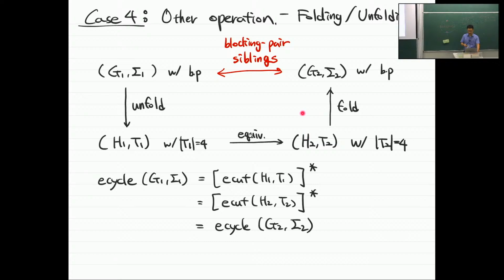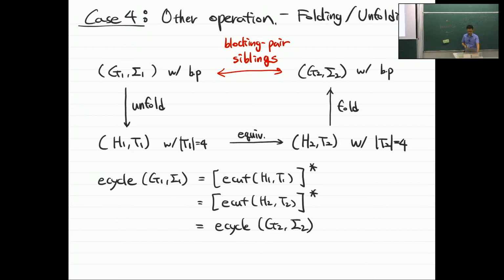Then we fold again to get G2 sigma 2 with a blocking pair. They represent the same Evencycle matroid because Evencycle of G1 sigma 1 is the same as Evencut of H1 T1 dual because of the previous lemma. And this is the same as Evencut of H2 T2 dual because H1 T1 and H2 T2 are equivalent. And then by the same lemma, we have Evencycle of G2 sigma 2.